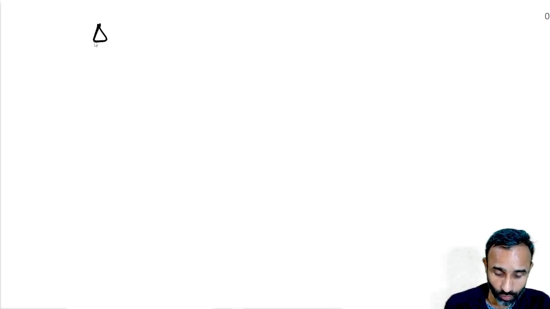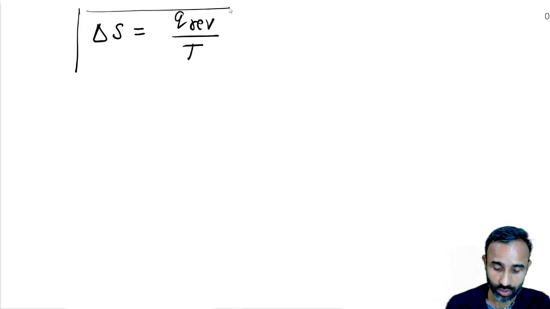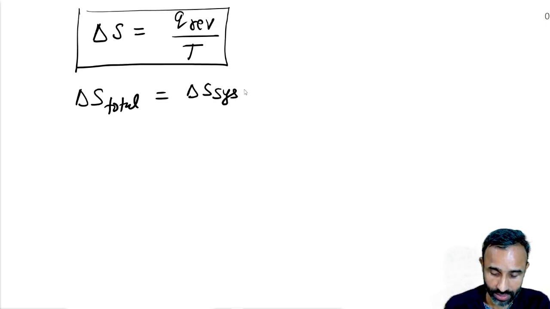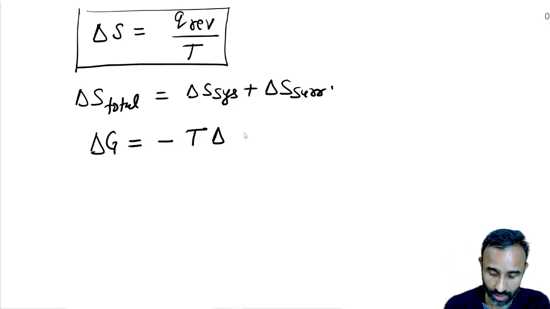Now, according to the second law of thermodynamics, delta S is equal to Q reversible over T, or delta S total is equal to delta S system plus delta S surrounding, and delta G is equal to minus T delta S total.